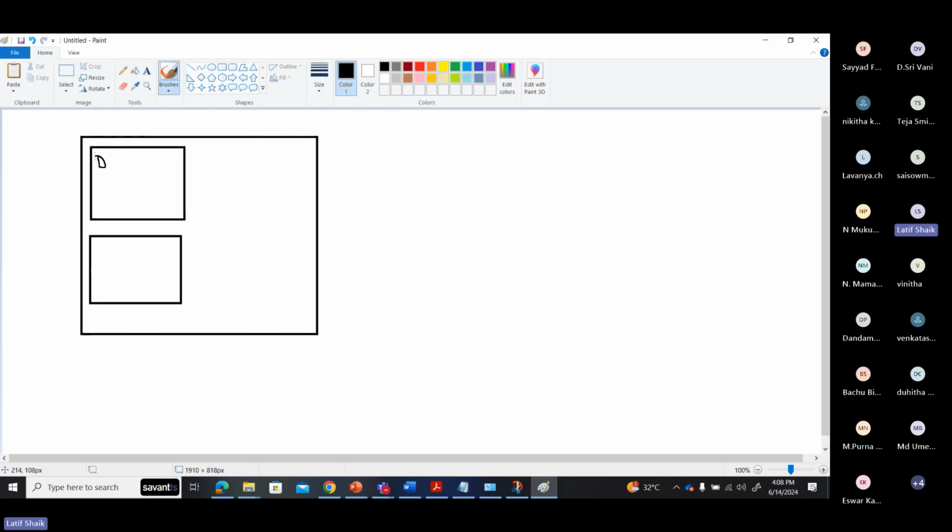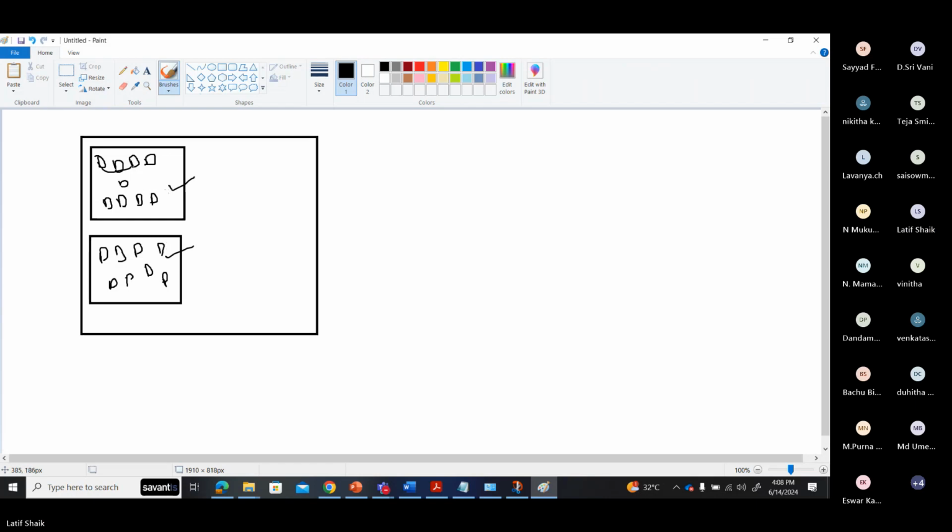It means you have computers here that will connect and communicate with each other, and you have computers here as well. All are connected to the same physical network, but logically, both are different networks.